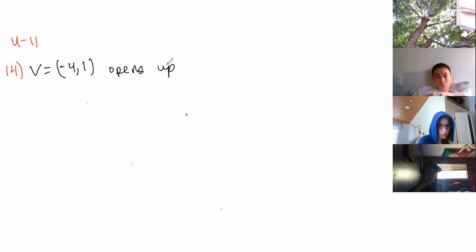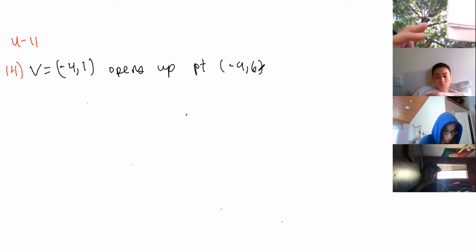Okay, unit 11, number 14. The vertex is -4, 1. It opens up and has a point on the parabola that is -9, 6.